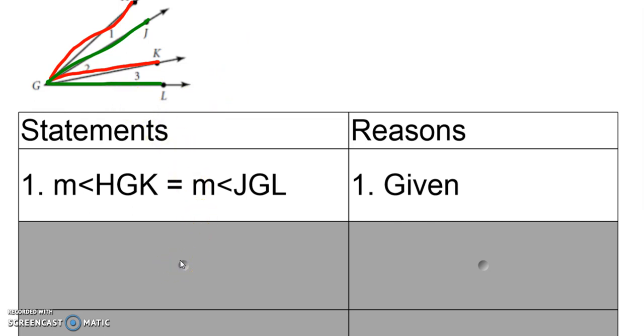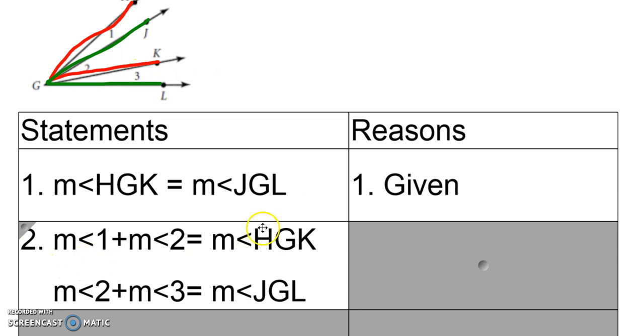The next statement that I've written is I want to just look at the measure of angle HGK and what it is made up of. So this red angle right here is made up of angle 1 and angle 2. The green angle GJL is made up of angle 2 and angle 3. So what I've written out here is that HGK is equal to the measure of angle 1 plus the measure of angle 2.